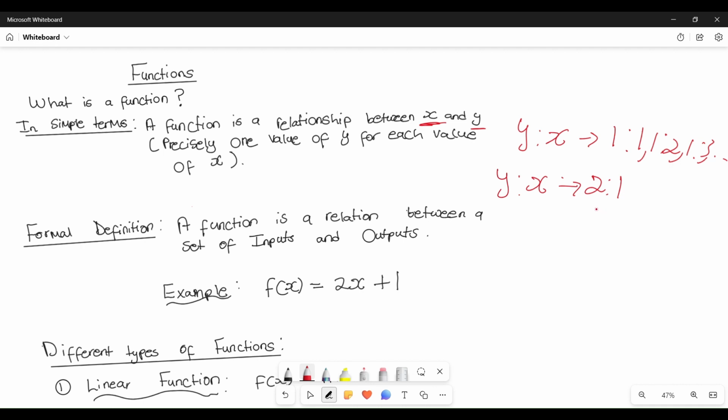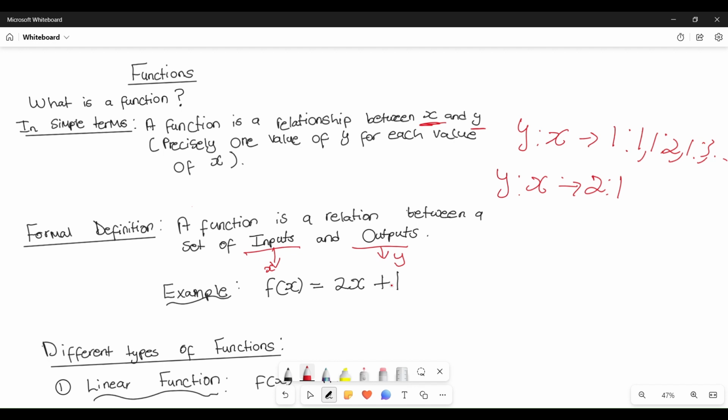So now, a formal definition: we can say that a function is a relation between a set of inputs and outputs. Our inputs can be x, and our outputs can be y, the y values.